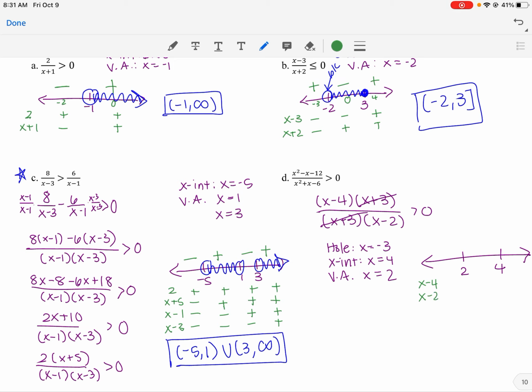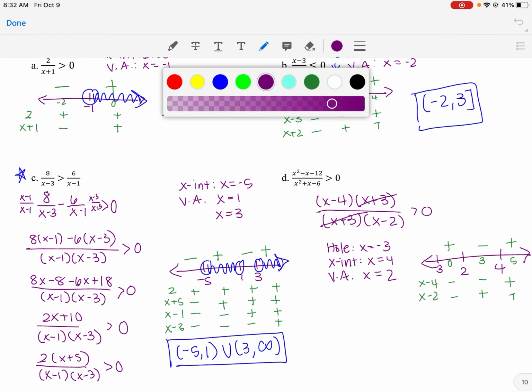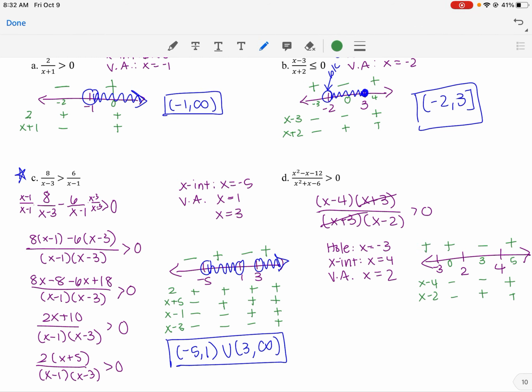So if I choose something like 0, right, I would get a negative and a negative, so this is positive. If I choose something like 3, I get a negative and a positive, so a negative, and something like 5, I get a positive and positive, I get a positive. Okay, so in this case, I'm saying, hey, I want all the positive parts. The reason why I'd maybe say to add in your hole at -3 is we would still see, hey, it's positive to the left of that.